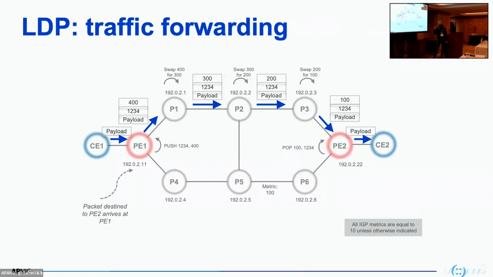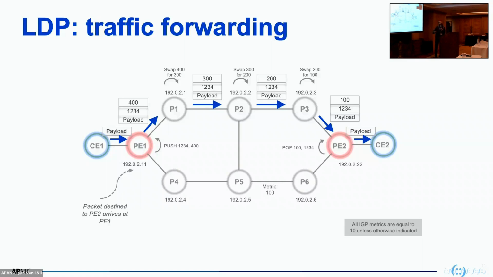It's an implicit null, meaning I didn't learn it from anybody, I'm originating it by myself. So actually, looking at 100 does not make any difference to PE2. It's the destination, so that 100 is meaningless to it.